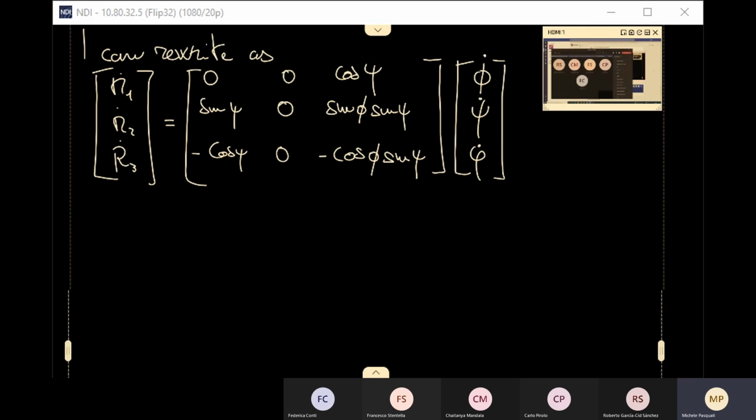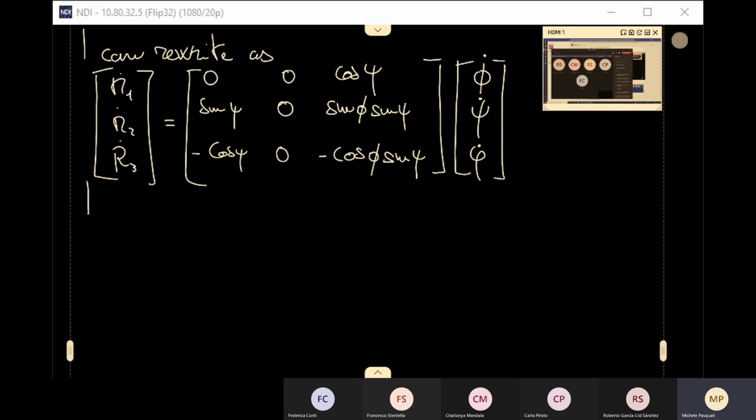Now, you see, this is a non-holonomic constraint, what we eventually wanted to see. And as you can see, you are imposing a condition on the time variation of the variables. Okay. If you want, you can also rewrite it in the following way.